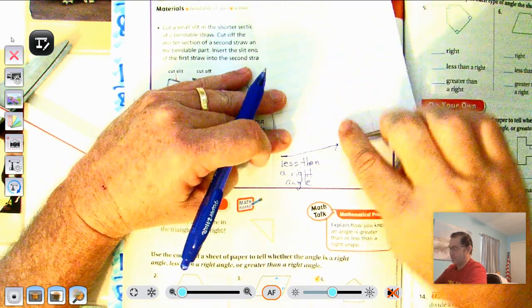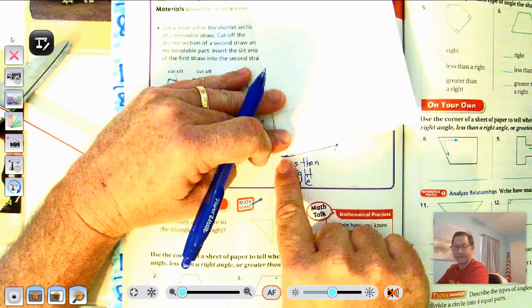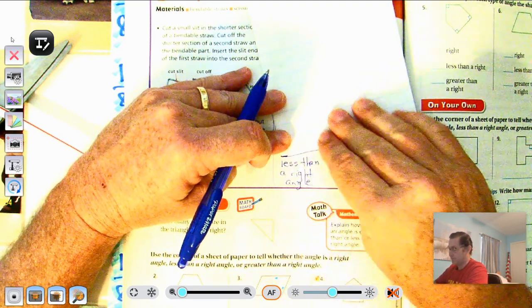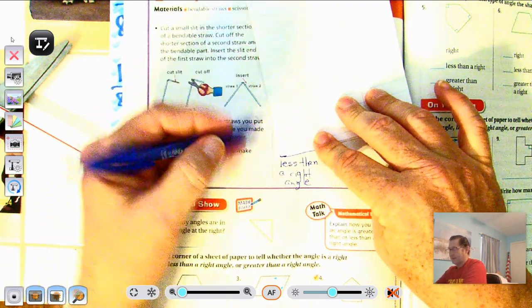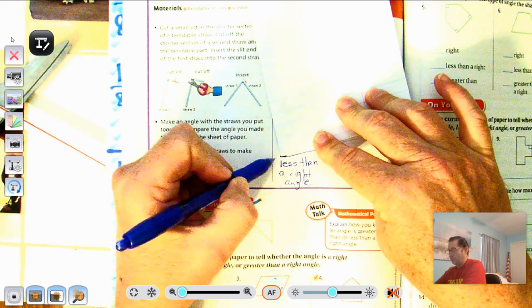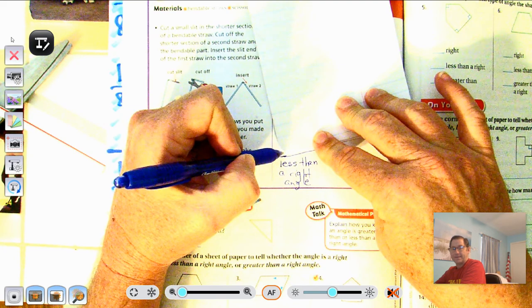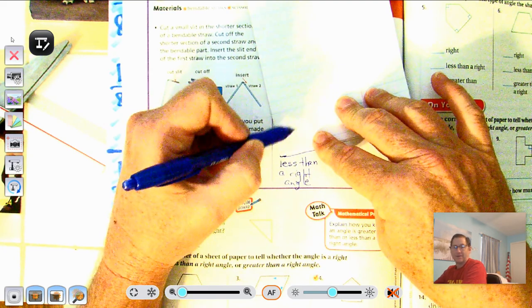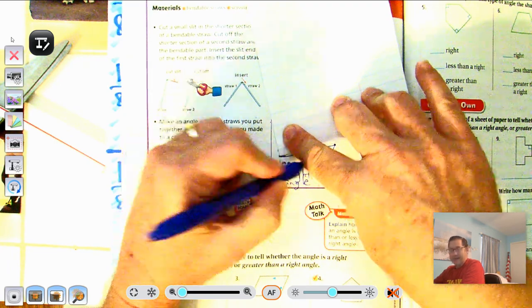If I line up the edge of my paper with one of the rays, and I put the corner at the vertex of it, you notice I can't see the other ray. It's inside here, right? So the corner of this piece of paper is a right angle. If I can't see the other ray of the angle, it's less than a right angle. On a right angle, I can see both lines.